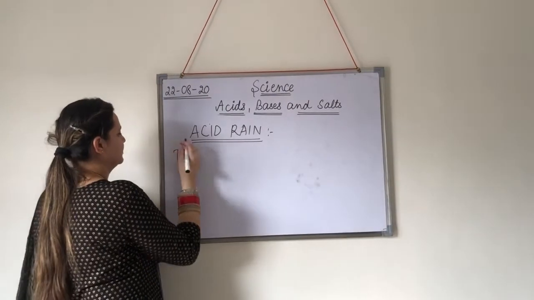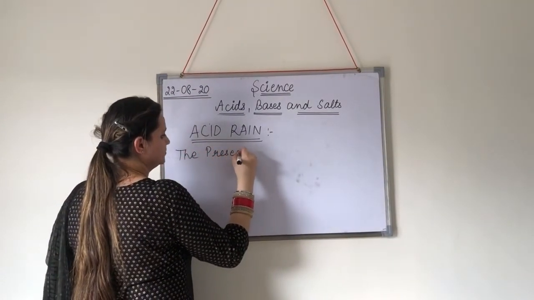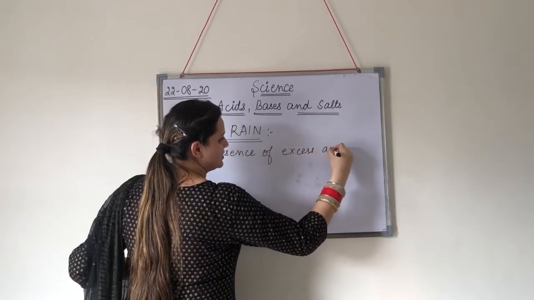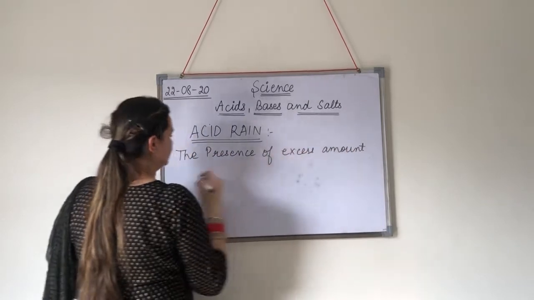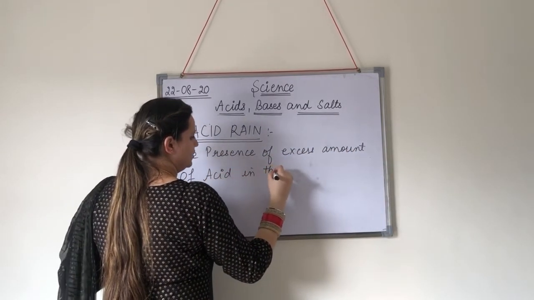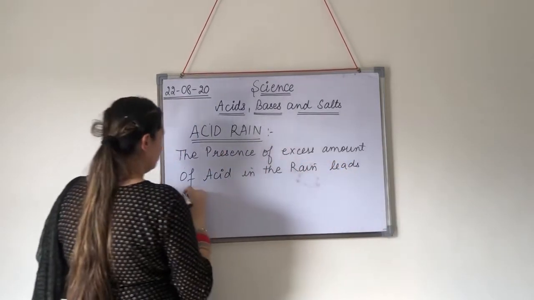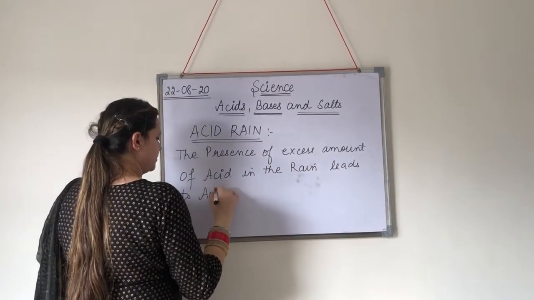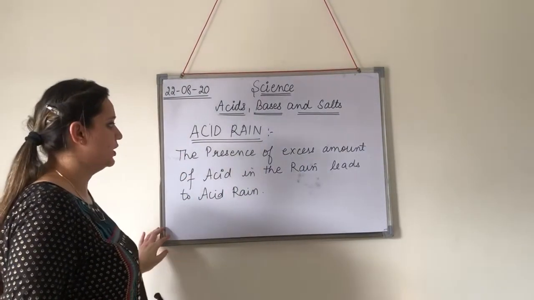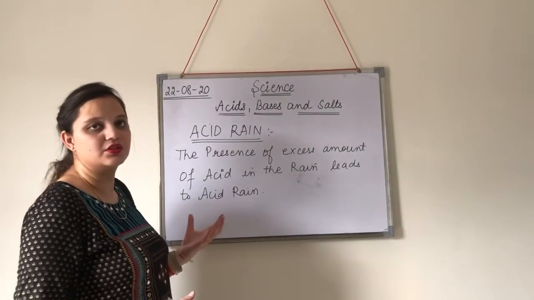So what is acid rain? The presence of excess amount of acid in the rain leads to acid rain, right? So whenever we have an excess amount of acids present in the rain, we call that acid rain.